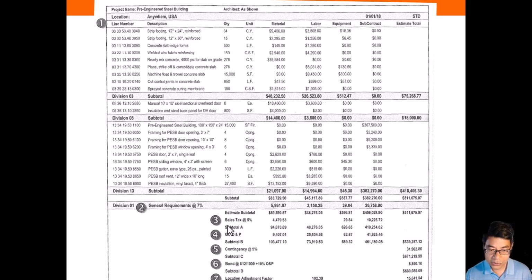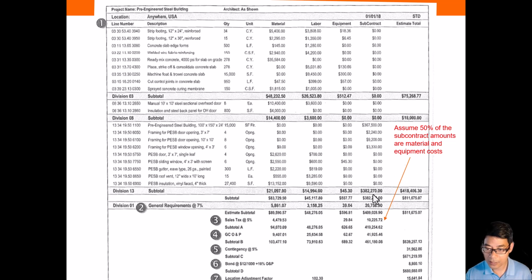Now let's come to the sales tax, and as we said before, the sales tax is typically imposed on material and equipment. So for labor, we don't charge sales tax. For the labor, we're going to talk about other things. For the subcontracts, you will find that we assume 50% of the subcontract amount is from material and equipment.